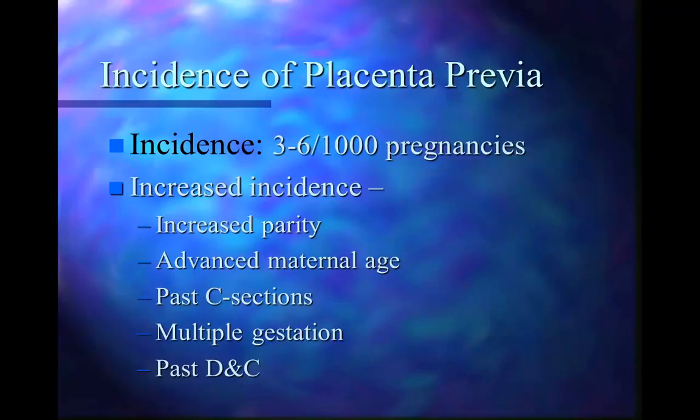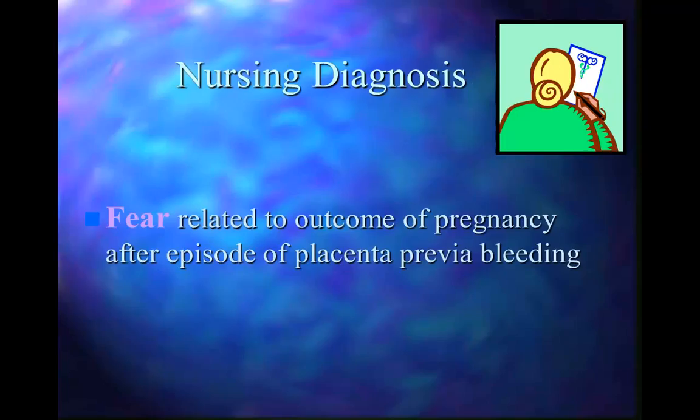So if all the good places have been used up, like with multiple gestation or increased parity, that fertilized ovum keeps tumbling down further and further into the uterus, increasing the chance of placenta previa. And the past C-sections or D&C is because any scarring of that uterus is also a place that the placenta will not implant over.